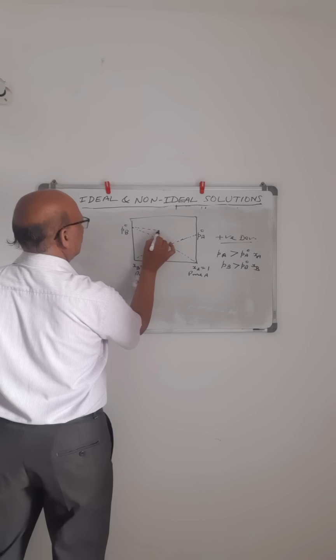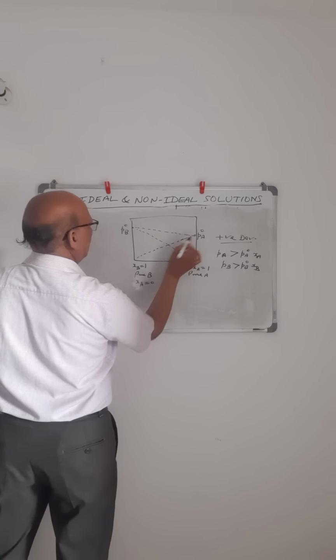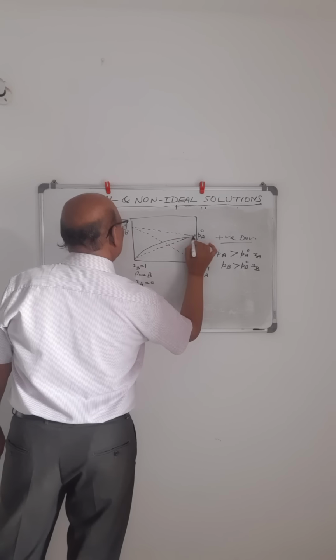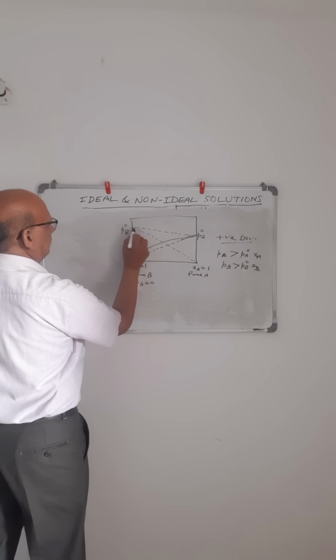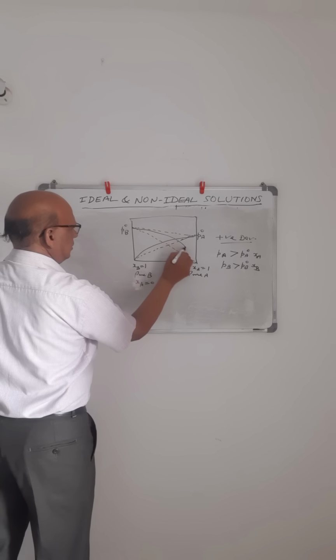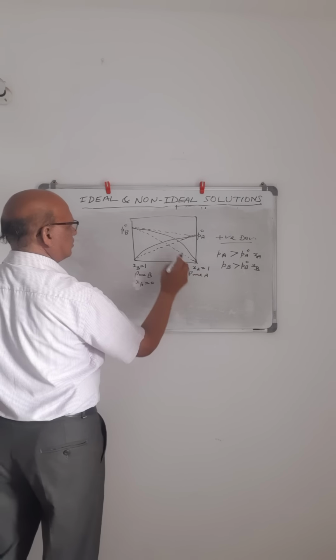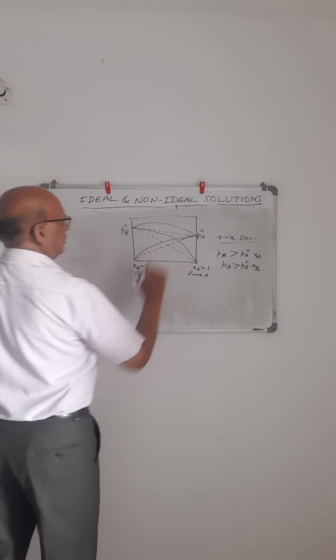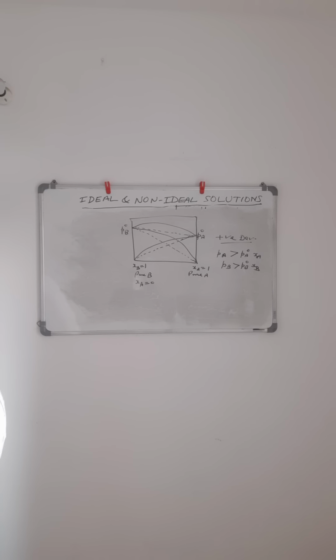So this curve was the total if it were ideal. Now in case of this positive deviation, this will be like this, and similarly this will be higher than that predicted by Raoult's law, and the total vapor pressure will also be higher than that predicted by Raoult's law.